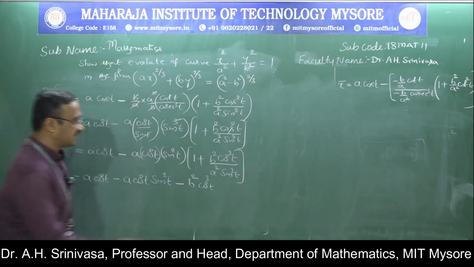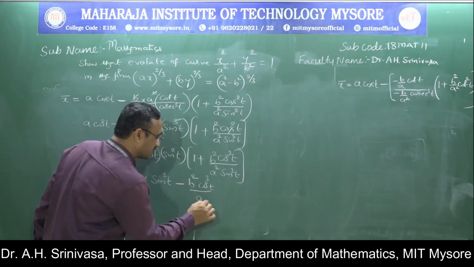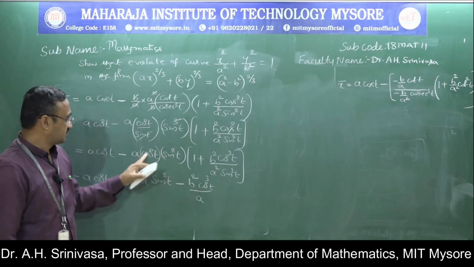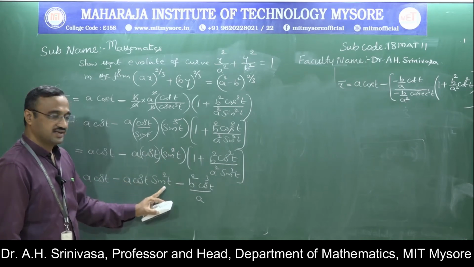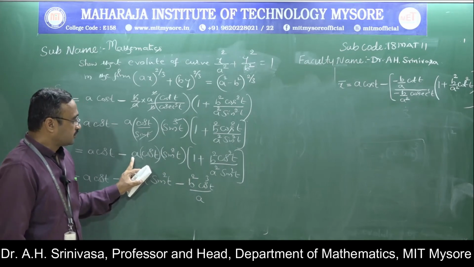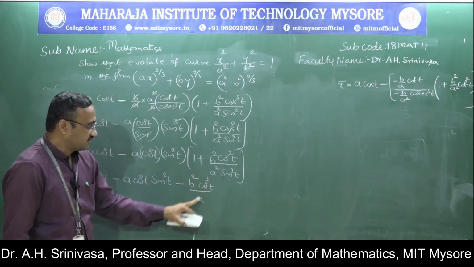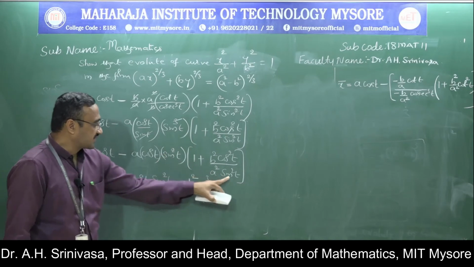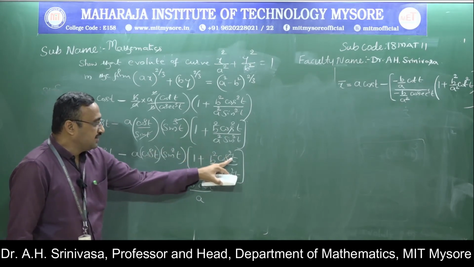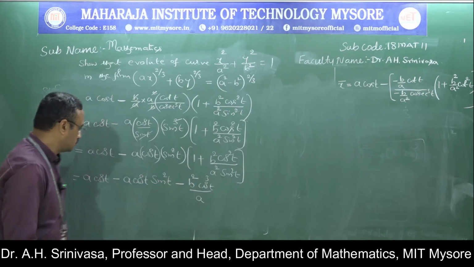Here one of the a will be cancelled and in the denominator we have a. If you multiply it here, 1 into this term a cos t sin square t, minus into plus is minus, then one of the a will be cancelled, we get a, and sin square both are cancelled, we get only cos t. Then cos t into this cos square, they become cos cube.